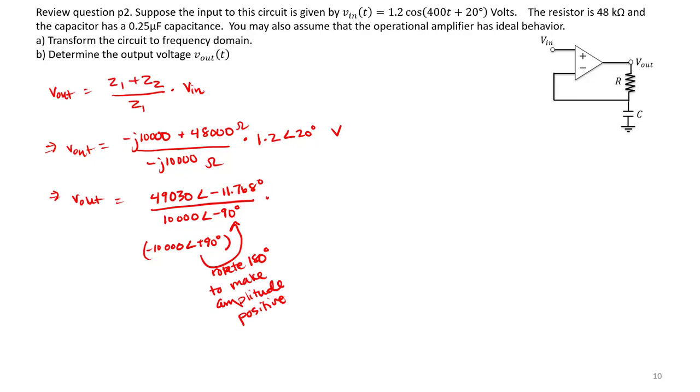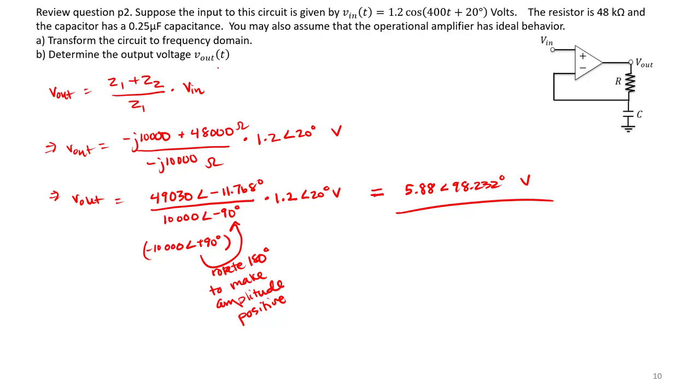And then finally, I multiply that by 1.2 angle 20 degrees volts. And this just becomes a quick multiplication. We'll determine the final result will be 5.88 angle 98.232 degrees volts.